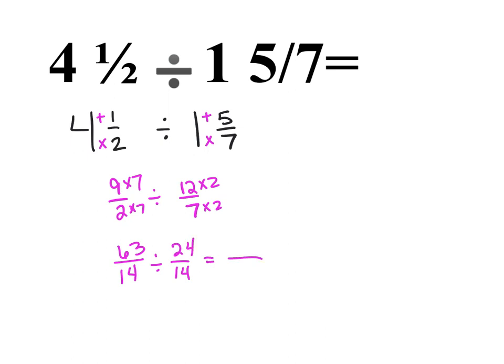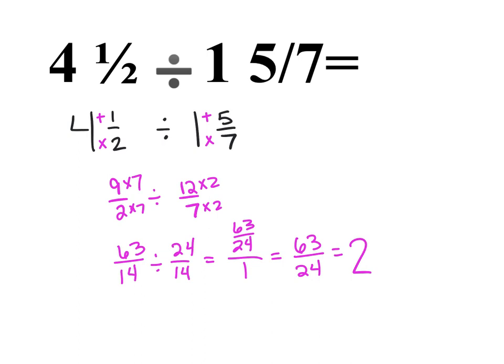Okay, this looks icky, but it's not so bad. 14 divided by 14 is 1. 24 does not go evenly into 63, so we are going to leave this 63 divided by 24. Anything over 1 is the numerator. How many 24s can we take out of 63? That would just be 2.